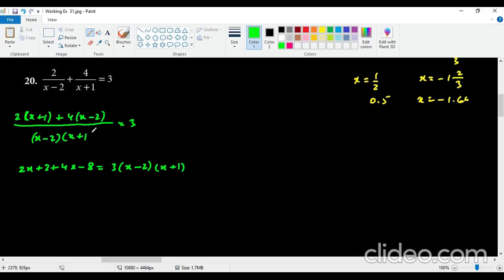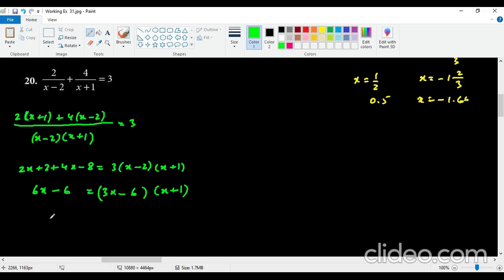In here 2x and 4x is going to give us 6x, and this gives us 6x minus 6, and this side it gives us 3x minus 6 and multiplied by x plus 1.